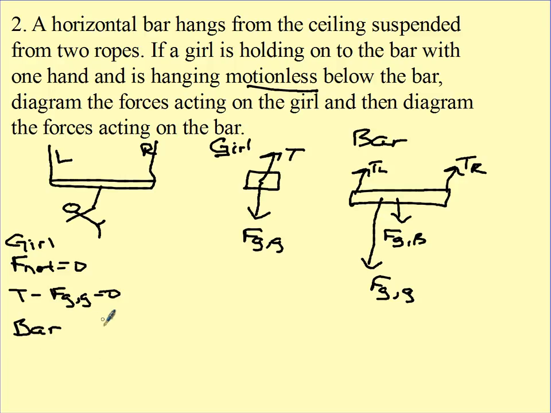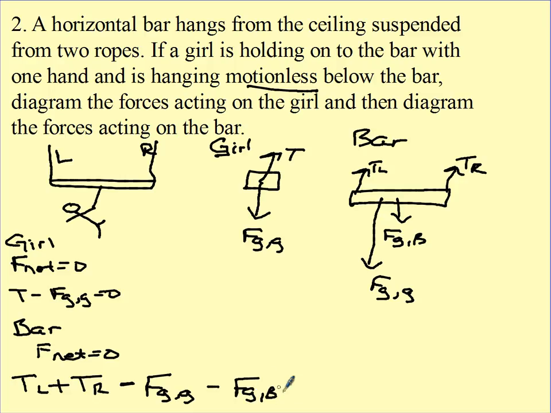I have F net equals 0. And what forces do I have going up? I have T left and I have T right. So T left plus T right minus the forces going down. So I have minus Fg of the girl minus Fg of the bar. And this equals 0.